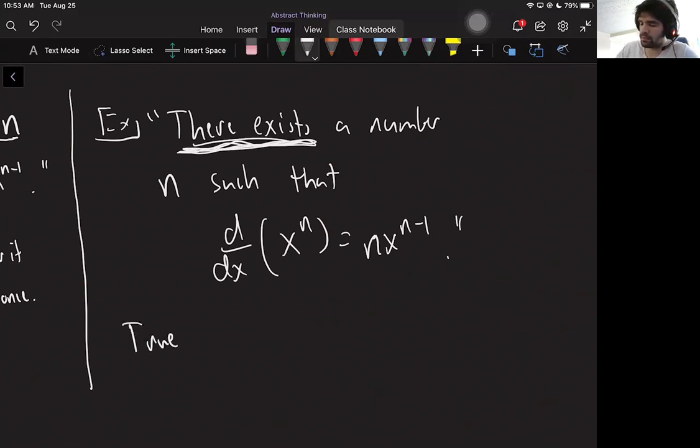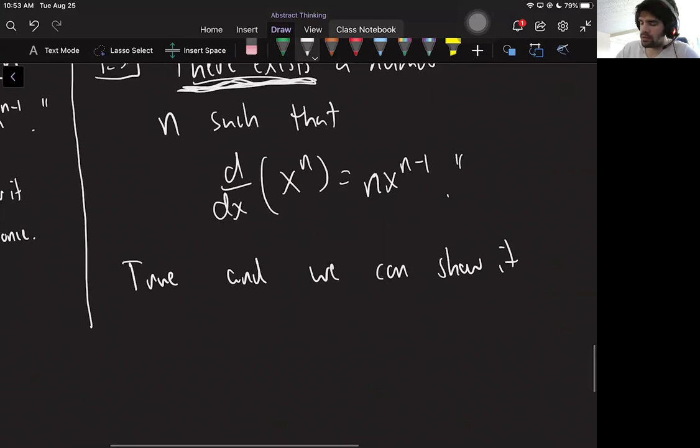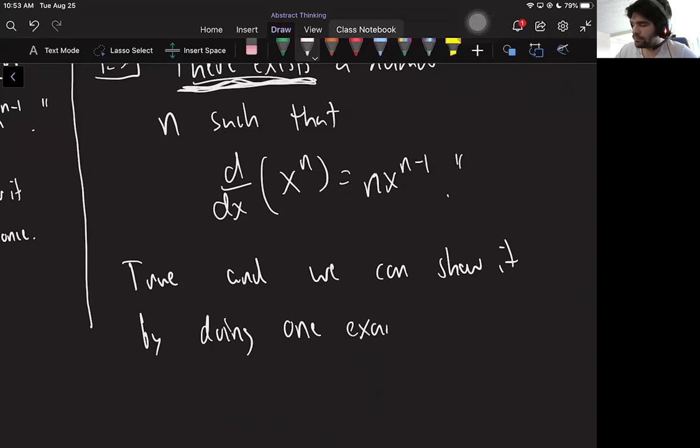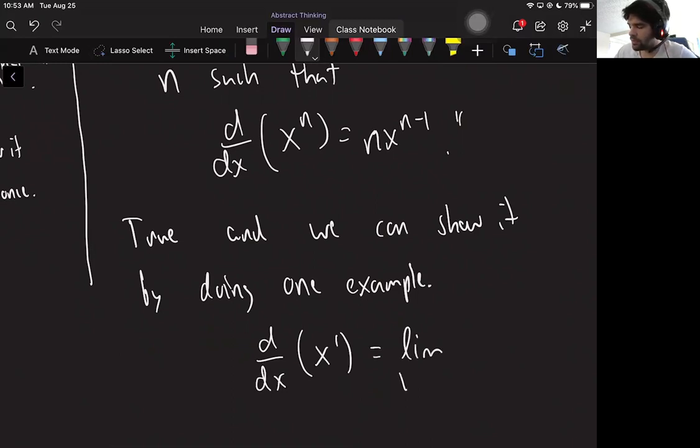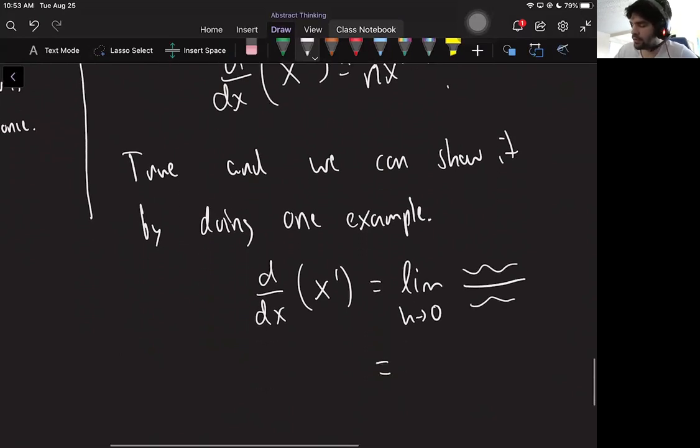So true, we can show it, whereas before we couldn't show it. We can show it by doing one example. So you could, for example, calculate this derivative by doing the whole limit definition stuff. I don't want to do that in this class, but it would work out and you would get this as the answer.